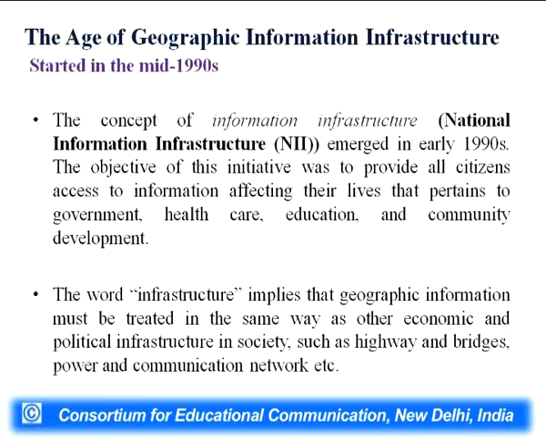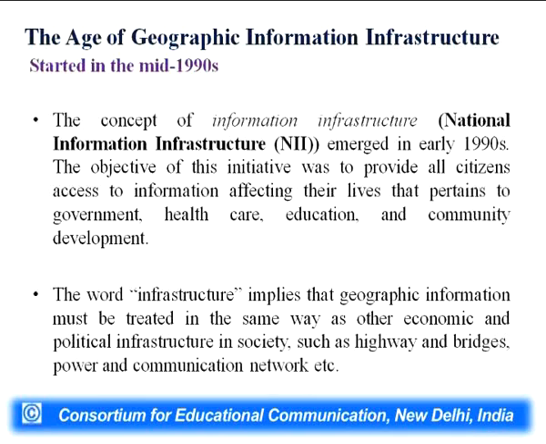So, the last phase, which started in the mid 1990s, is focusing on the information infrastructure, how to build up a big infrastructure of information which will be accessed by everyone.